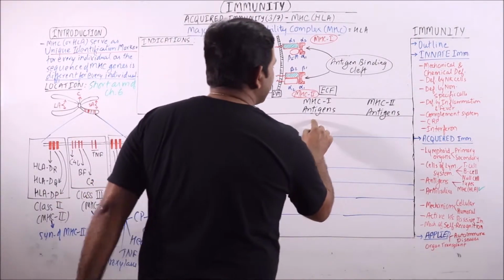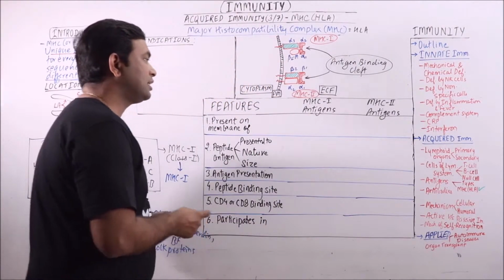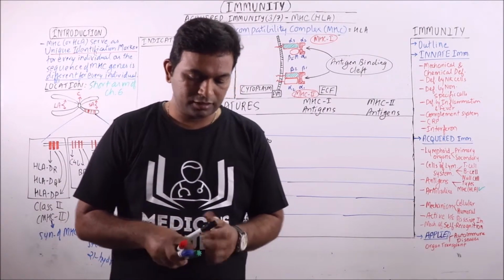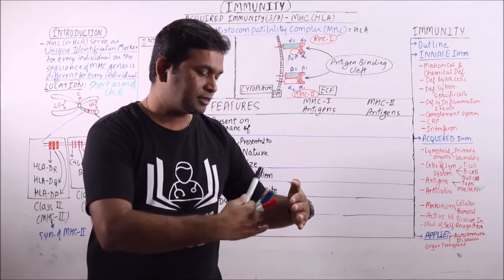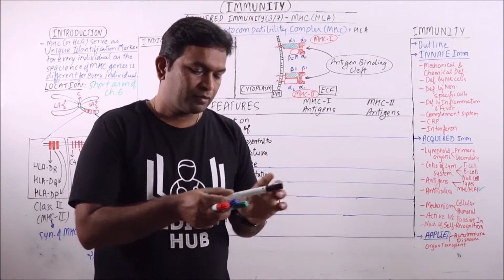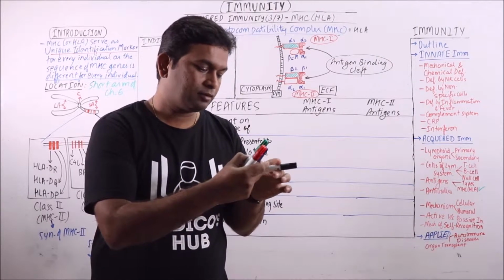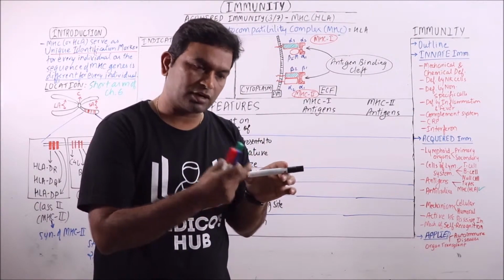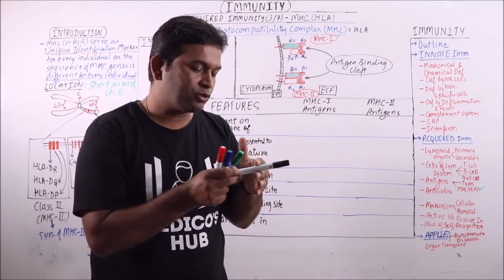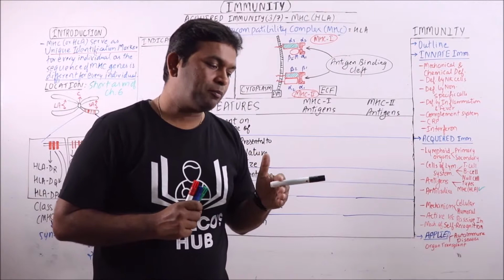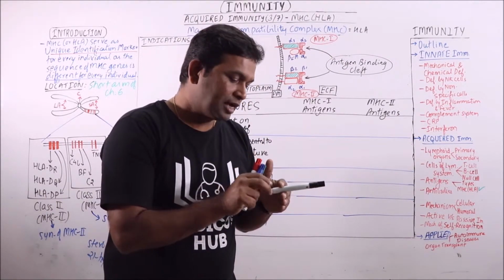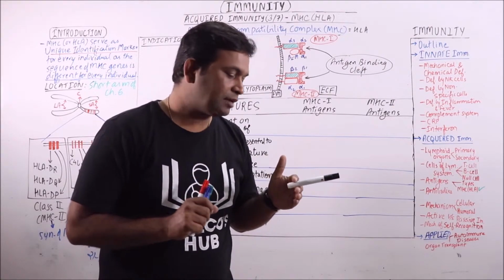Now we'll compare the MHC1 antigens with MHC class 2 antigens. Suppose this is a plasma membrane and this is the cytosolic part and this is the extracellular fluid. If this is an MHC class 1 or class 2 molecule and this is the peptide molecule, then these molecules of MHC 1 or 2 will present the antigen towards the extracellular fluid, and these are connected to the cell membrane.